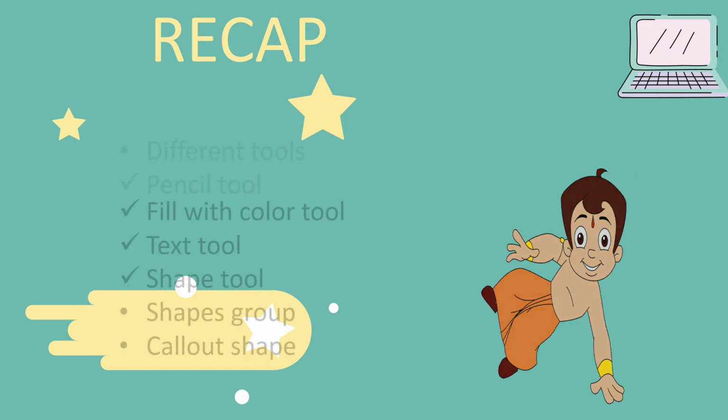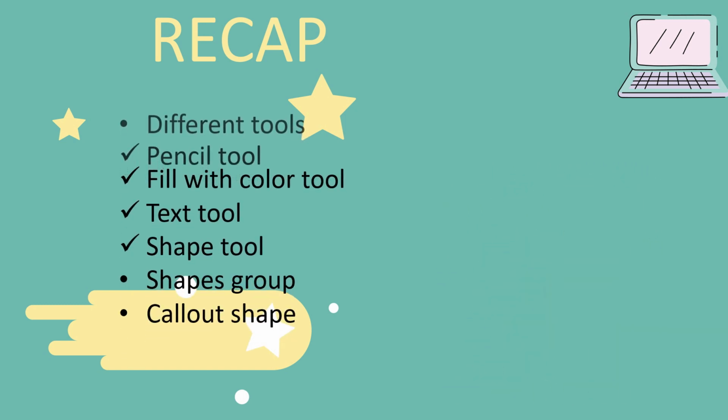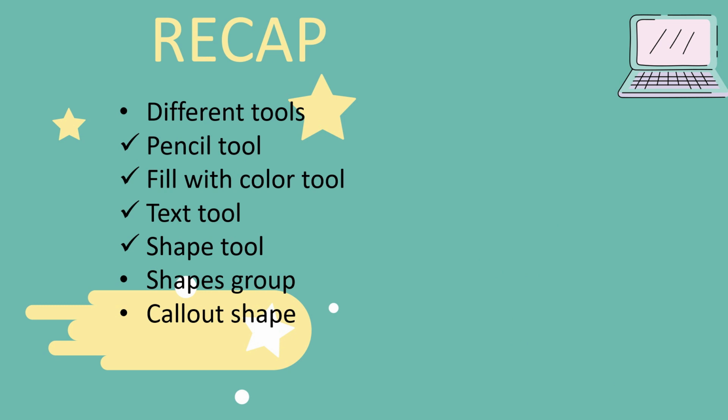In the last two sessions, we have learned different tools like pencil tool, fill with color tool, text tool, and different shapes in the shape tool, also call out shape.